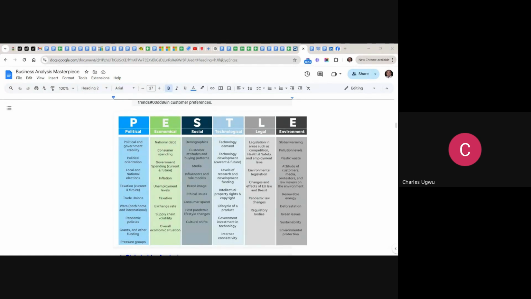And any software or application you want to bring in for your company as a solution, you must make sure that such software or solution is compliant with the law.